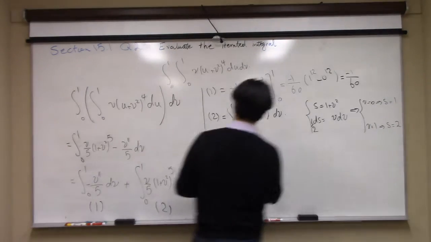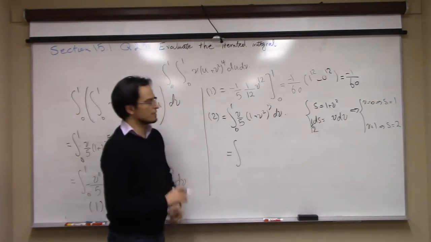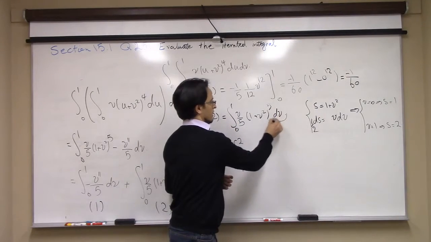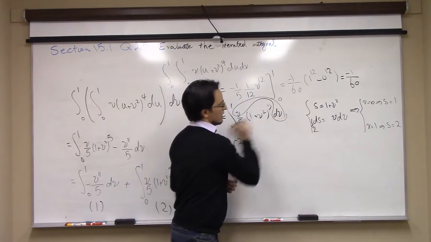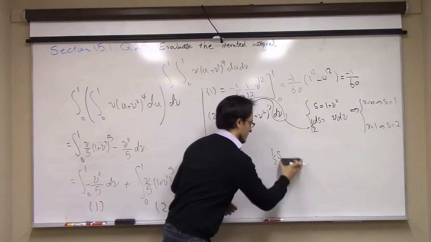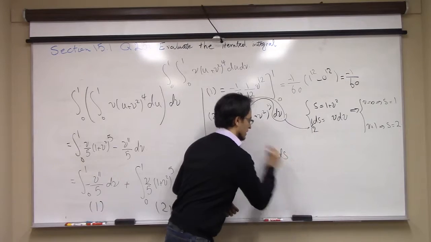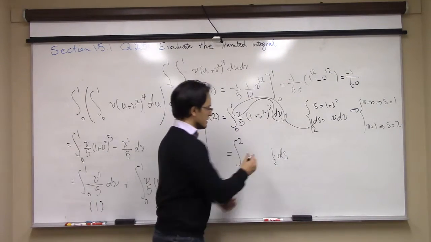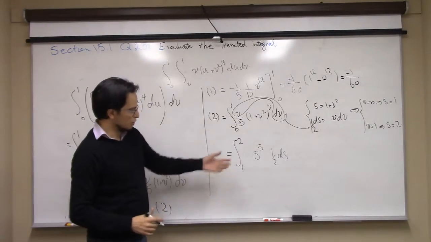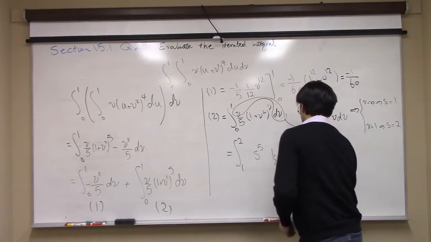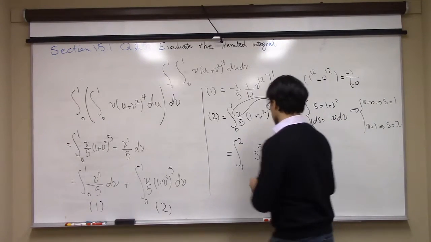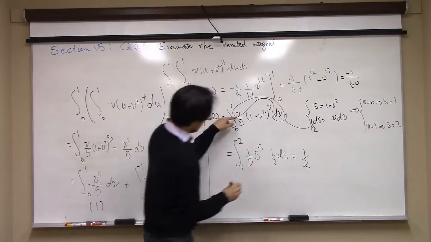So I can rewrite this integral completely in terms of s, which is from 1 to 2. These together give us half of ds. And this guy is s to the power 5. Oh, I forgot to put 1 over 5 down there, so let me just put 1 over 5 because it is just there.